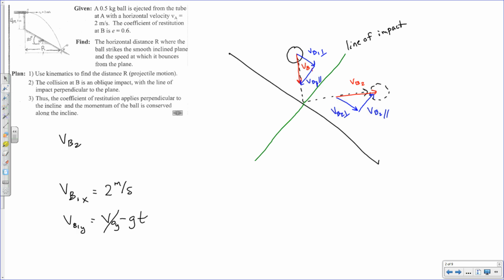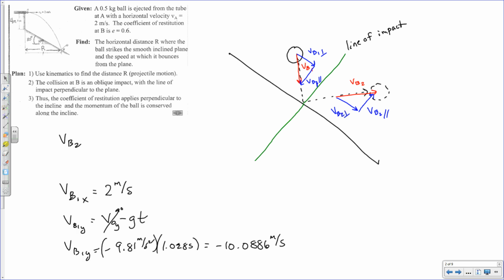Initial velocity in the y direction is 0, so that means VB1y is going to be equal to negative 9.81 meters per second squared times the time of flight, which we said was equal to 1.028 seconds. That means as it approaches B in the y direction, it's traveling at negative 10.0886 meters per second.